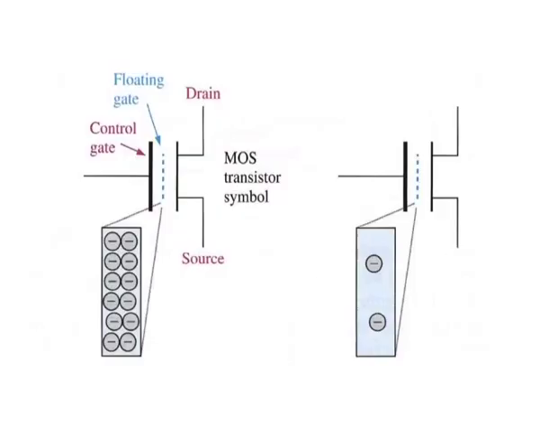This high density is achieved in flash memories with a storage cell that consists of a single floating gate MOS transistor. A data bit is stored as charge or absence of charge on the floating gate depending if a 0 or 1 is stored.